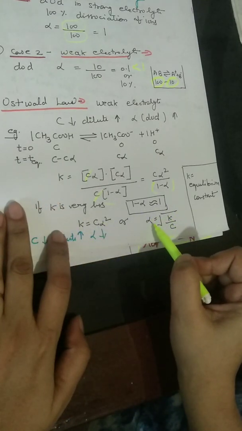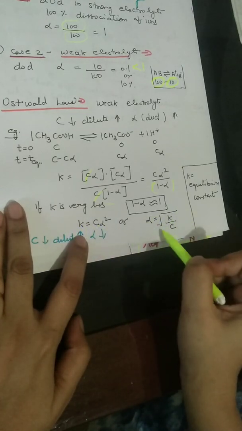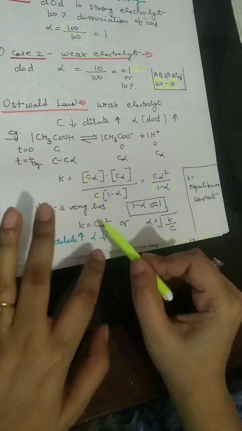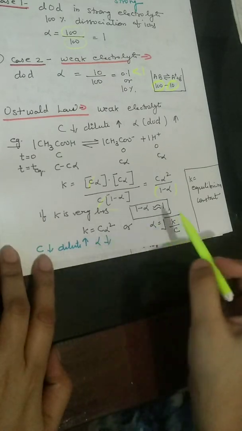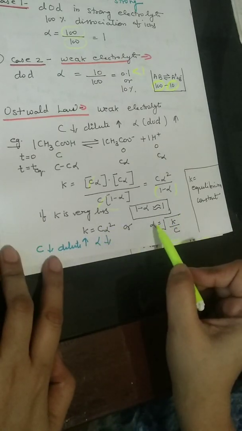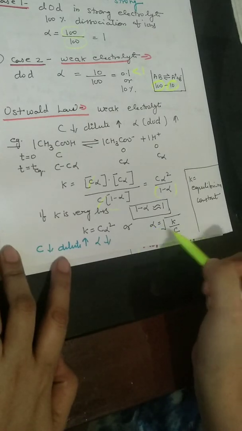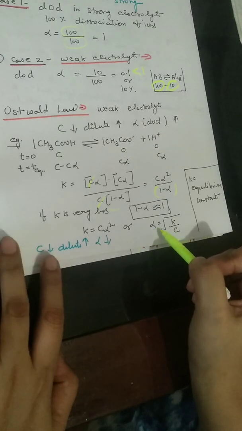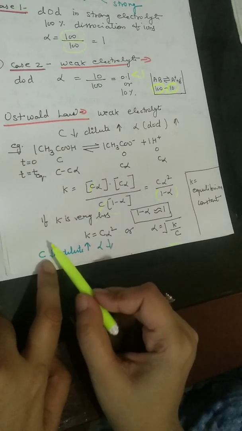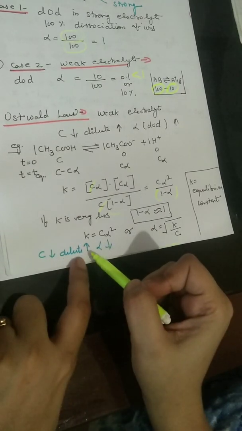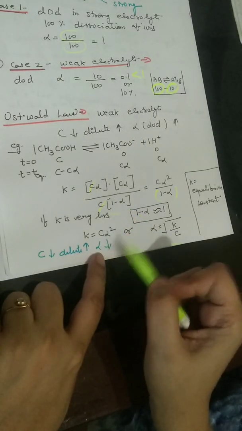Alpha will equal the root of K upon C, the concentration, and we take the root because we are removing the square from here. So what is this? Alpha is inversely proportional to the square root of the concentration. Okay, so as concentration decreases, the value of alpha increases, right? So concentration decreases, dilution of the solution increases, and the value of alpha, what? It increases.